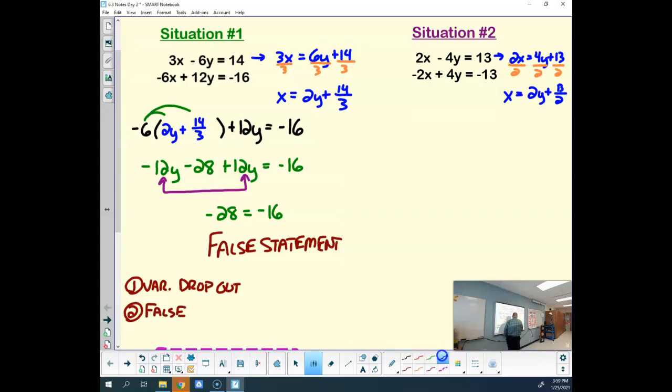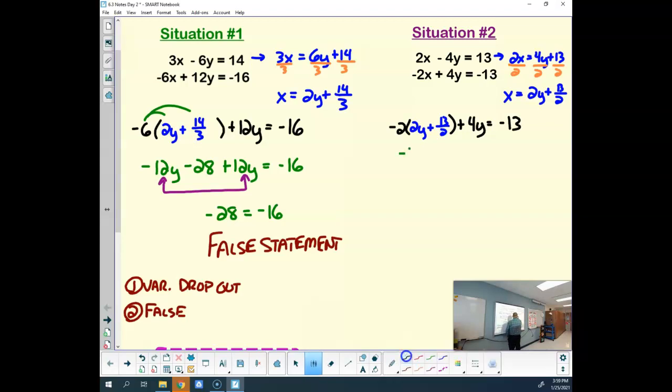Plug that back into the other original equation: negative 2 times 2y plus 13 halves plus 4y equals negative 13.